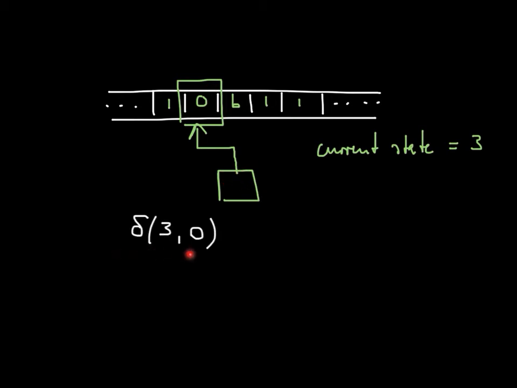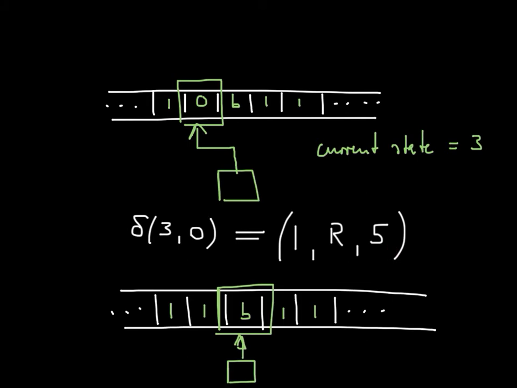Then we would have to look up delta for 3, 0, because 3 is the current state, and 0 is the symbol currently read. And assume that the value of delta for 3, 0 is 1, right, and 5. Then this would mean that we would replace the current entry 0 by 1, move the read-write head by 1 position to the right, so over here, and go to the new state 5. So new current state equal to 5.